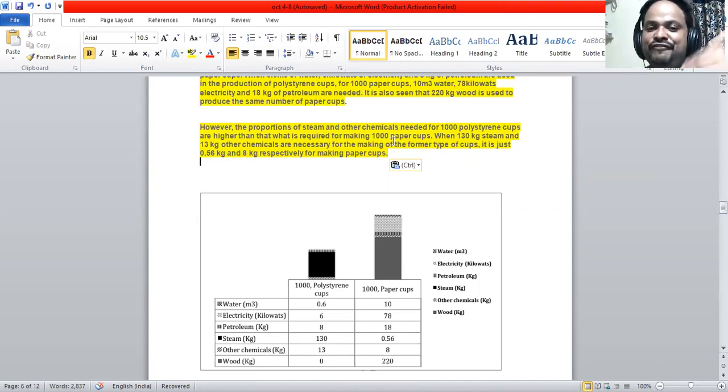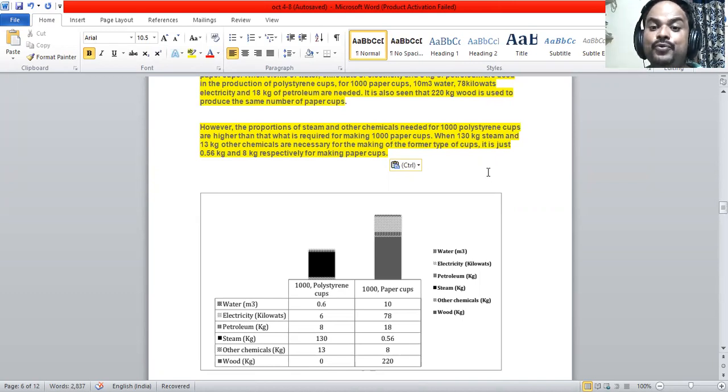So something is different here from the previous paragraph. In the previous paragraph, paper cups required more resources. Here, steam and other chemicals are required more in the case of polystyrene than paper cups.